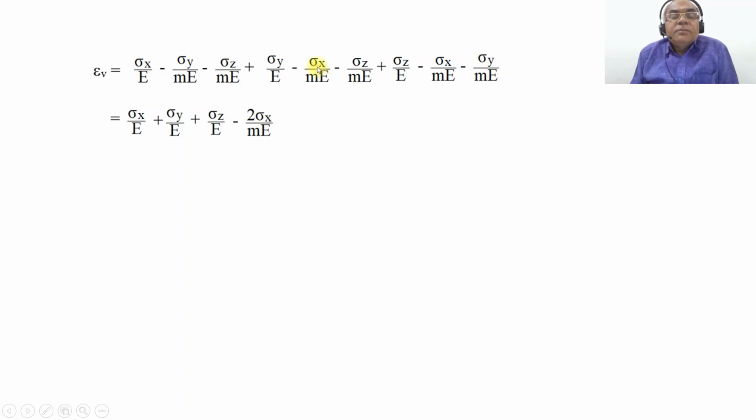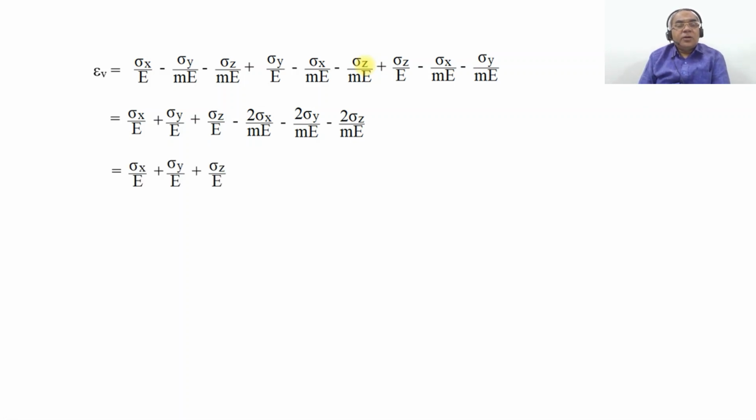Adding these two, because this is also negative, this is also negative, minus 2 sigma x by m into E. Similarly, you have minus sigma y by m into E twice, so you get minus 2 sigma y by m into E. Similarly, you have minus sigma z by m into E and minus sigma z by m into E here. When you add both, minus 2 sigma z by m into E.